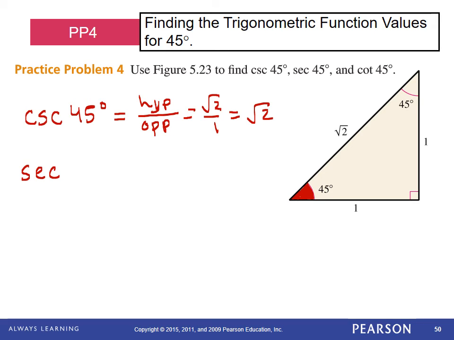Secant of 45 degrees. Again, by definition, hypotenuse over adjacent side this time. Hypotenuse is the square root of 2. Adjacent side is 1. Therefore, we have ourselves the square root of 2 as our final answer.